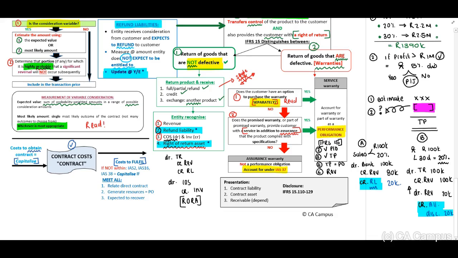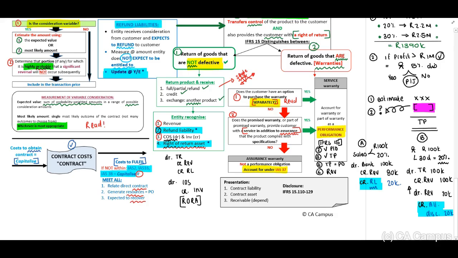If it does not fall within IAS 2, 16 or 38, you can capitalize those costs if, and this is important guys, those costs relate directly to your contract, generate resources, and expect to be recovered.